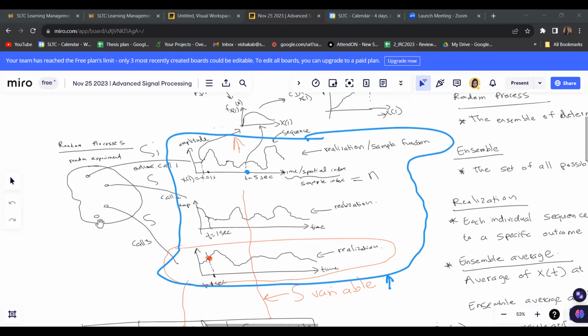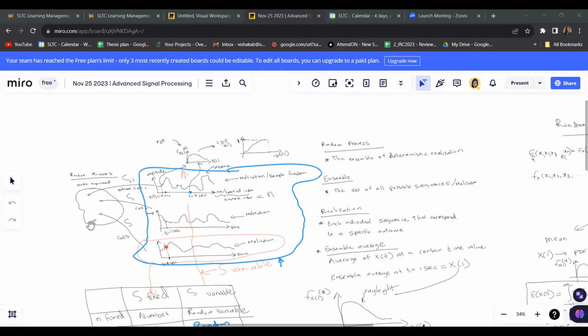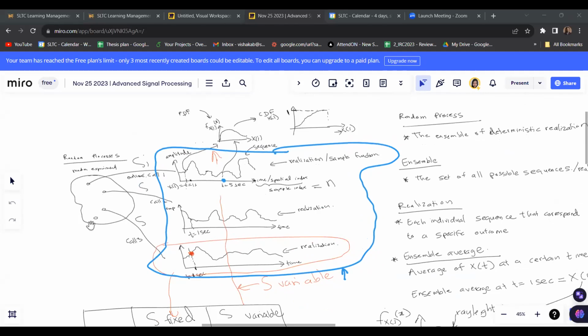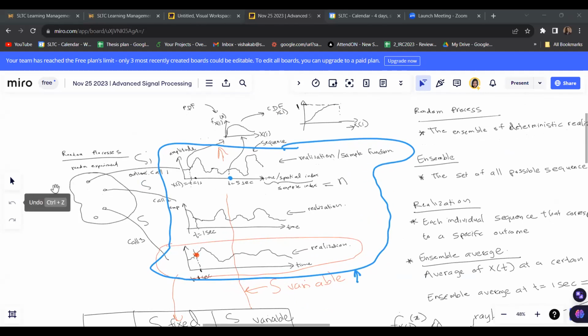So these are the basic definitions that we have discussed in the last class. A random process is basically the set of all the possible outcomes of a certain random experiment.